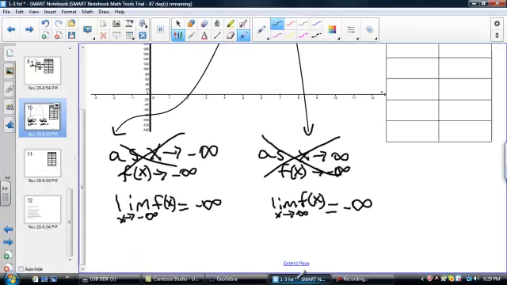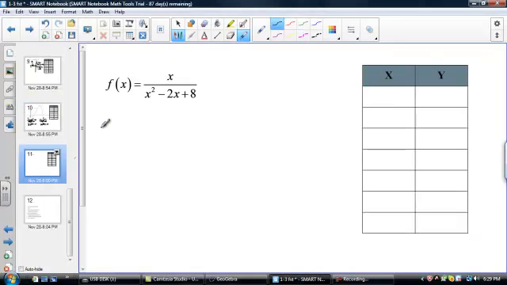So if we're going to write that, we're going to put the limit of this function, and this is that function that was up there, the limit of the function as x goes toward negative infinity is going to be 0.